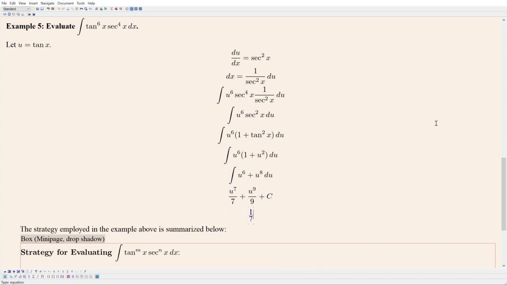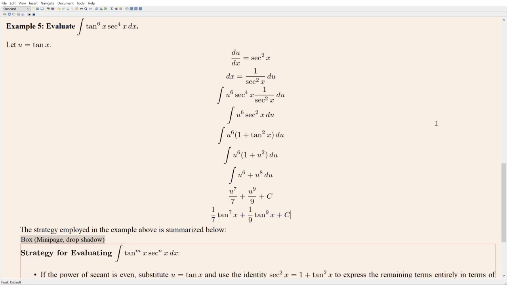So we have 1/7 tangent to the 7 plus 1/9 tangent to the 9. And then we are done. So very similar to the case with power of sine and power of cosine. The only difference being we used another one of the Pythagorean identities.